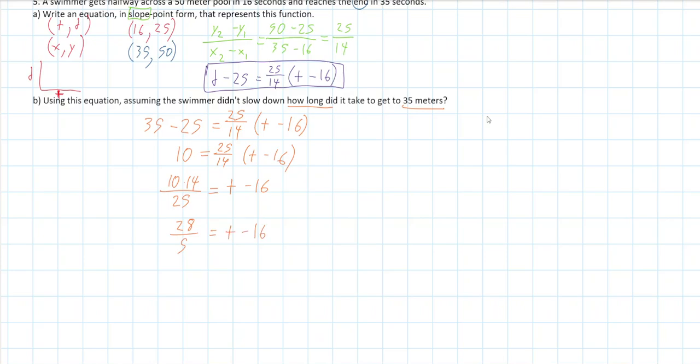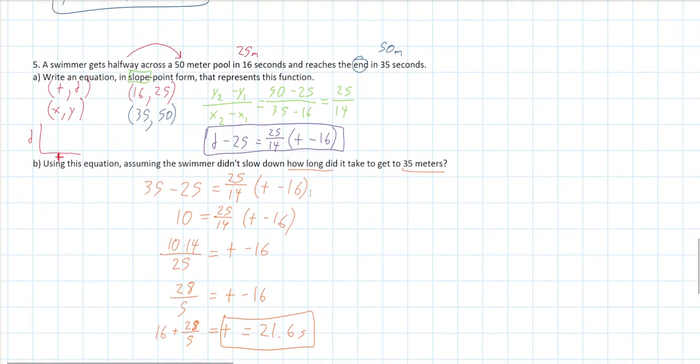Then we add the 16 to both sides, so t equals 16 plus 28 over 5. So 21.6 seconds. You could have plugged that in your calculator at the end there, that last step.